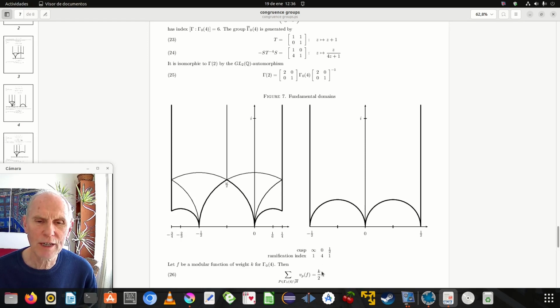And if we set k equal to unity, then we get a contradiction.